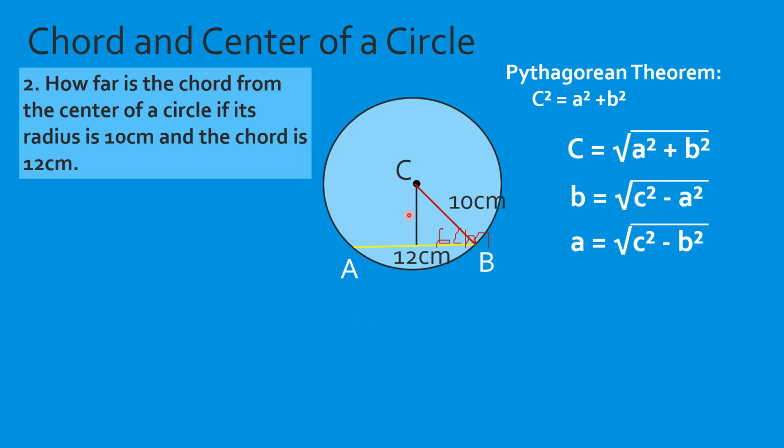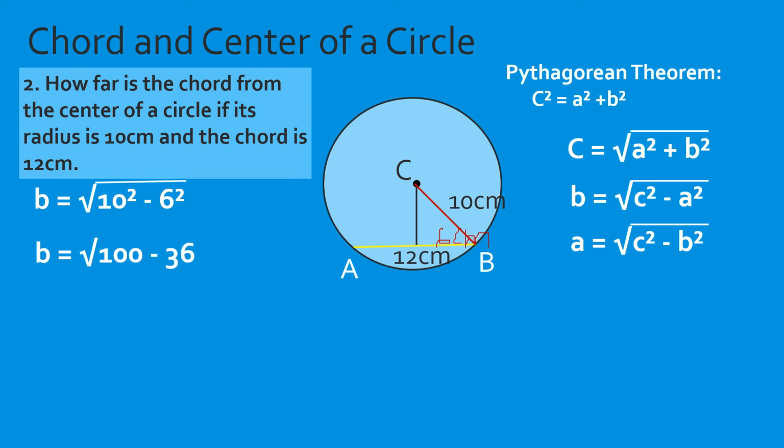Now, this is missing and we can use the formula here. So what we have now is b is equal to the square root of c squared minus a squared. And that is now equal to, c is the hypotenuse, and that is equal to 10. So 10 squared, minus 6 squared. 10 squared means 10 times 10. 6 squared means 6 times 6.